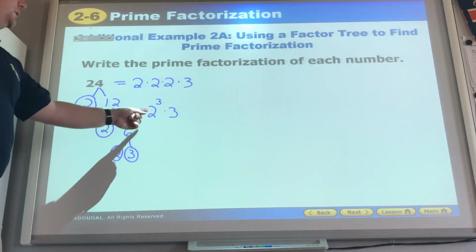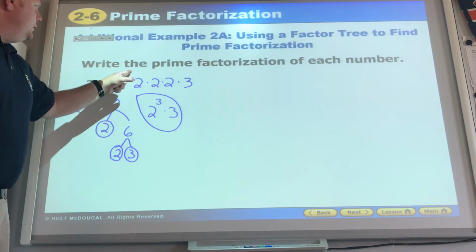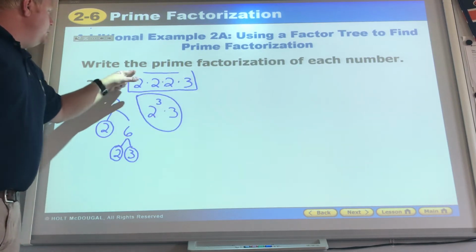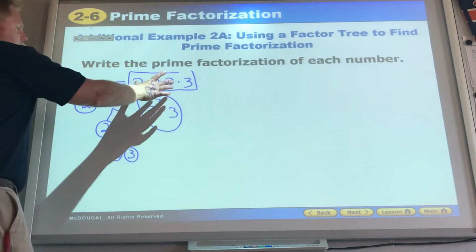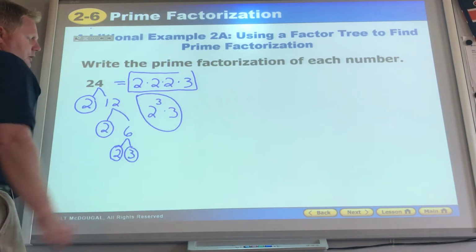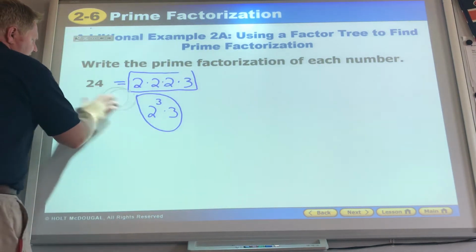We did exponents way in the first days. Either this one or that one is an acceptable answer in my book. This will probably be more useful later on, but to know it can be written like that is probably a good idea.